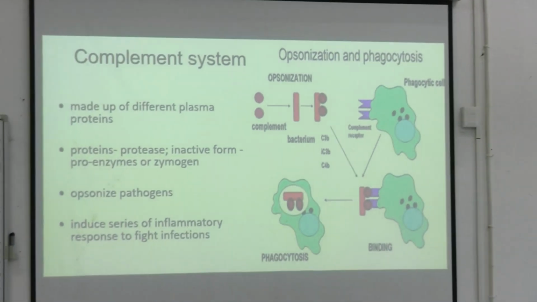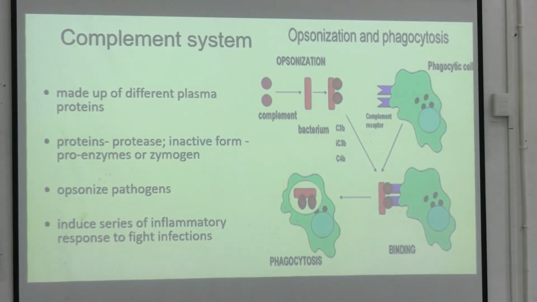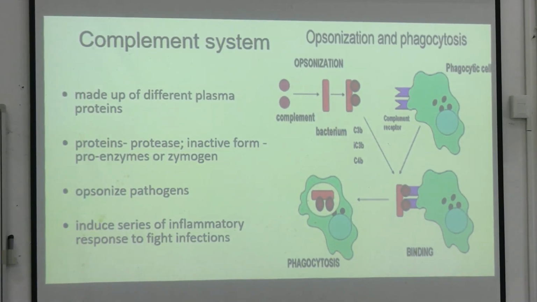The complement system will opsonize the bacteria. What is opsonization? Opsonization basically means that a macrophage or a phagocyte will take up a particular microorganism and will phagocytose it. However, the complement system basically tags those organisms so that they are taken up at a faster rate and more effectively.